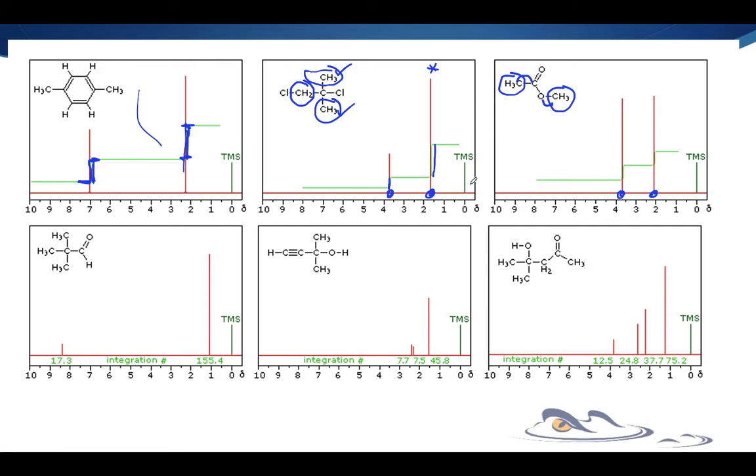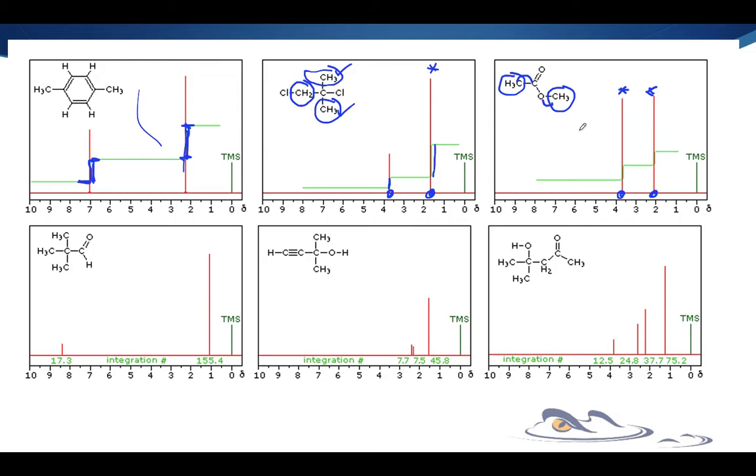It pulls on the electrons differently, which causes these hydrogens to be deshielded different amounts and causes them to resonate at different frequencies. So here we are then. So I have 2 peaks. Now you're saying to yourself, well, how do I know which peak is which? It really doesn't matter. We just need to know that there's 2 different environments.